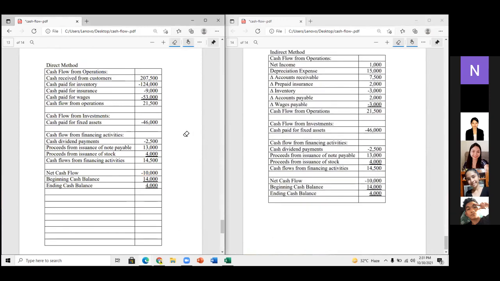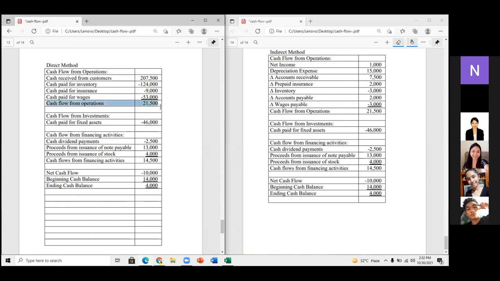Ito, tignan nyo yung difference nilang dalawa. Ito, nag-start sa net income. Ito, nag-start na agad siya sa cash payment. Tapos, the rest sa investment, parehas na silang dalawa. Tandaan nyo na kahit anong method yung gamitin nyo, mapa-direct or indirect method, yung amount niya sa cash flow from operations is same lang din.